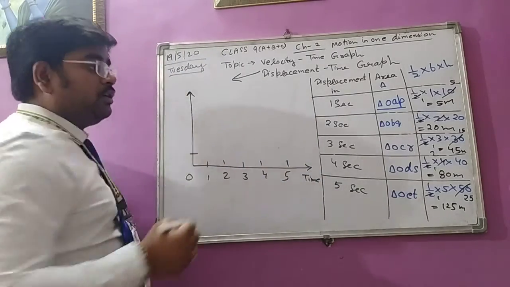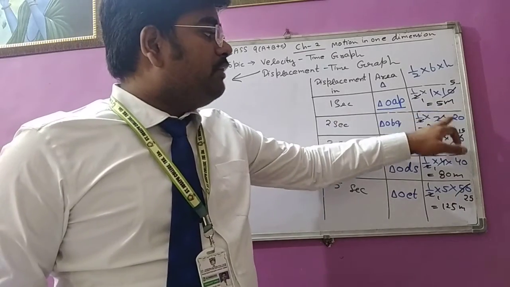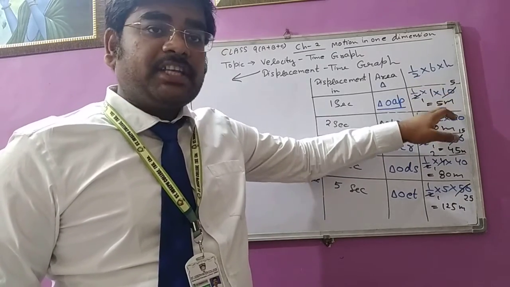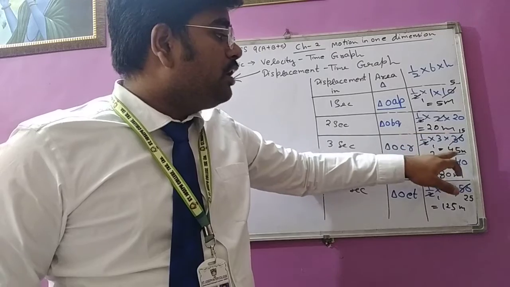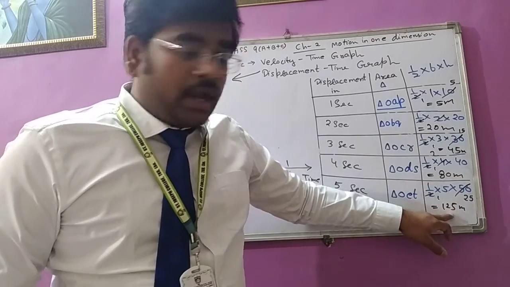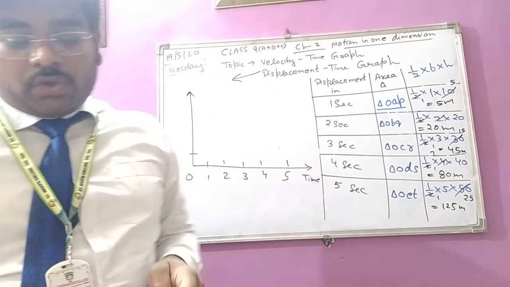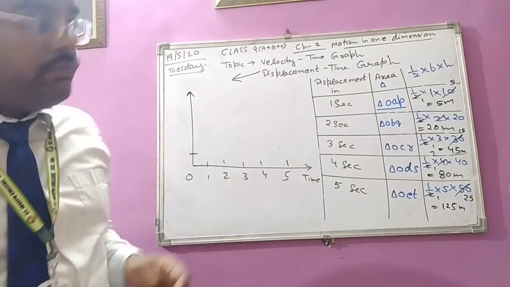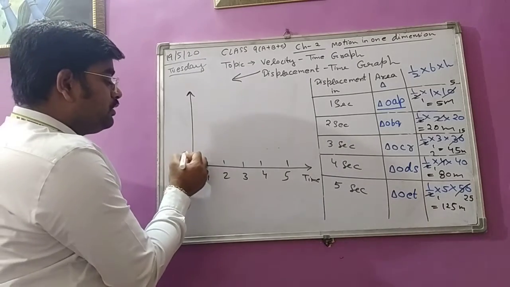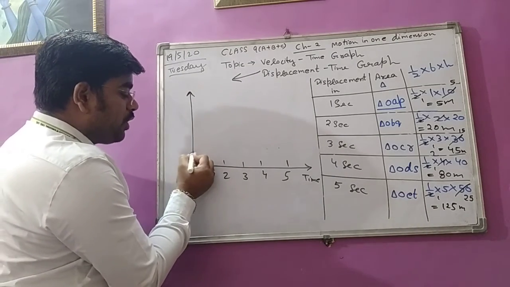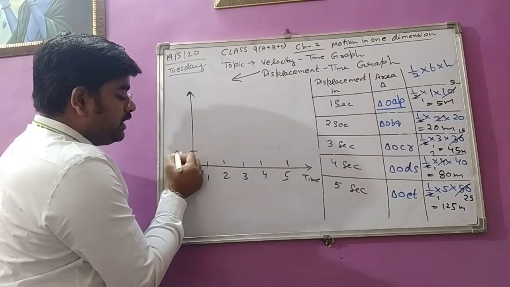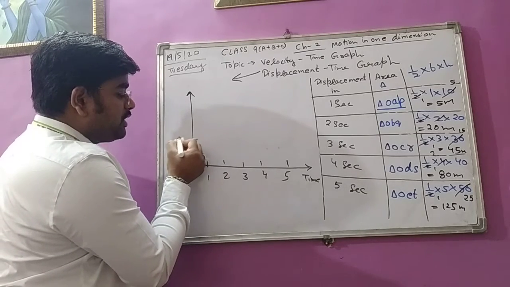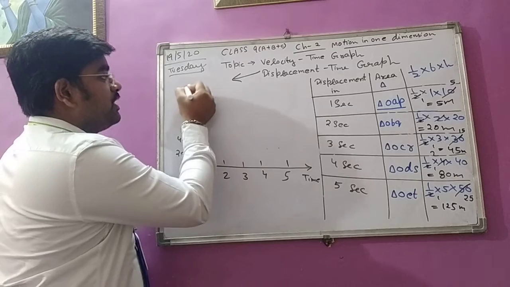And how will we take the displacement? 5, 20, 45, 80 and 125. So how will you plot this, class? The scaling we will take here in multiples of 20 for the displacement.